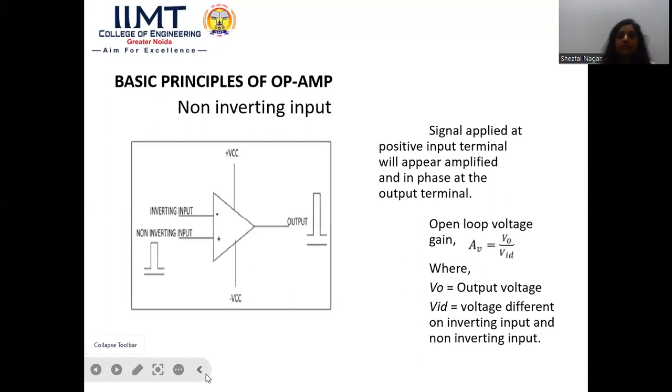Hence, we represent the voltage gain of the operational amplifier by capital A_OL equal to V_o divided by V_ID, where V_o is the output voltage of the operational amplifier and V_ID is the voltage difference between the inverting input and non-inverting input.